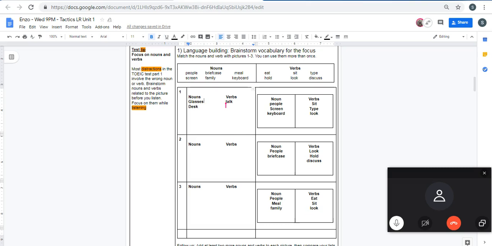So you don't need to waste your time, Enzo. If you can think of any other verbs, you can just move to the next photo.